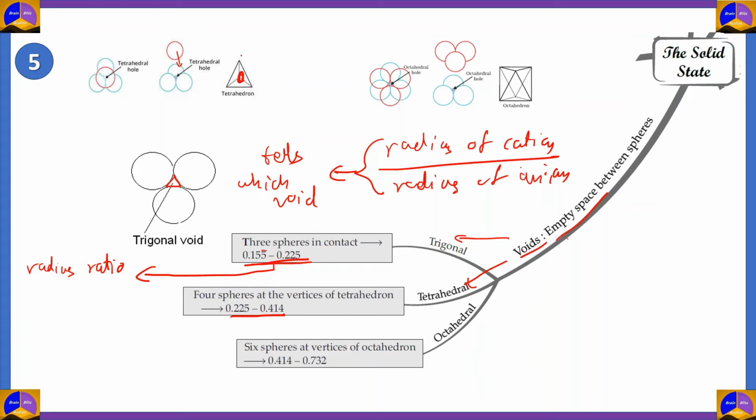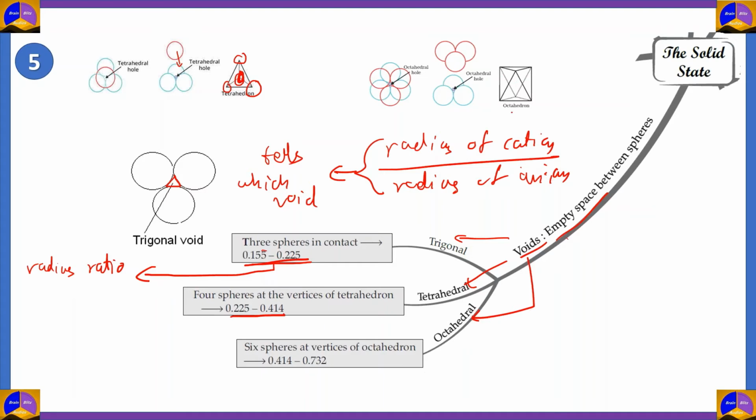If we consider the void as a tetrahedron, then we have spheres on all 4 corners, 1, 2, 3, 4. When they touch each other, they leave behind a small space, and that space is what we call a tetrahedral void.